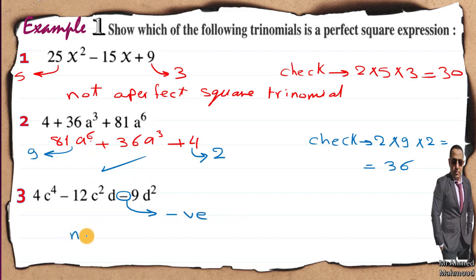So this is not a perfect square, because for a perfect square, the first and the third must be squares, and squares are always positive. So this one is not a perfect square because the third number is negative.